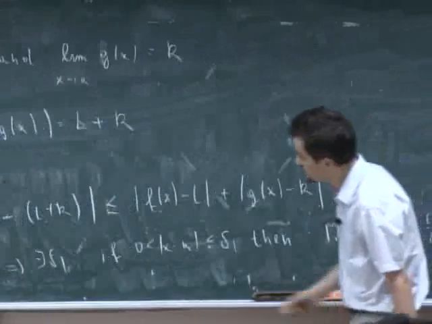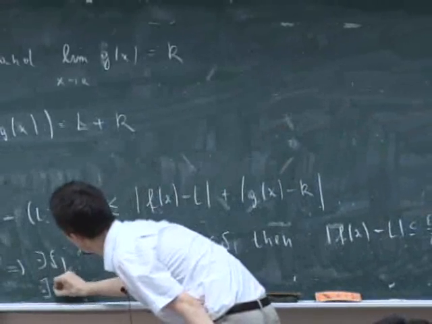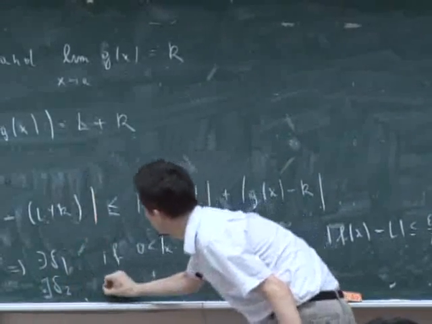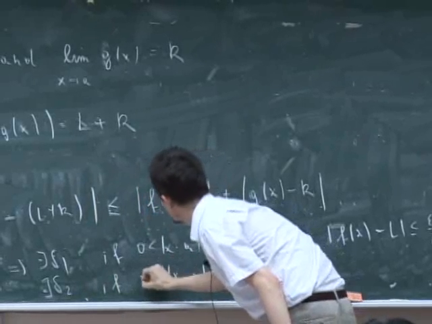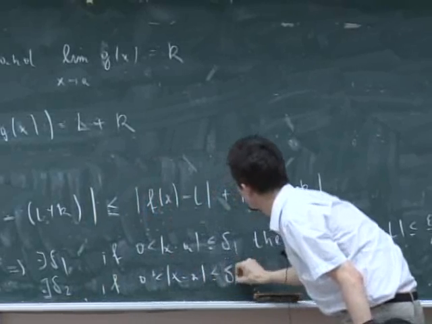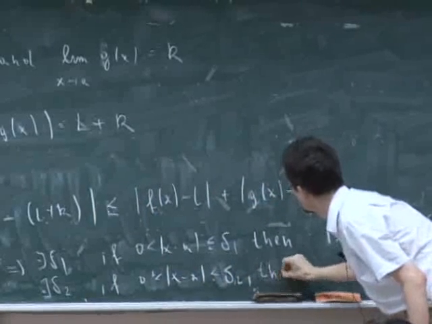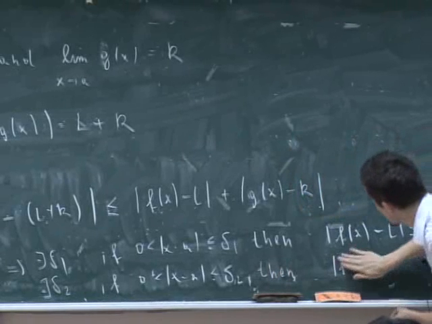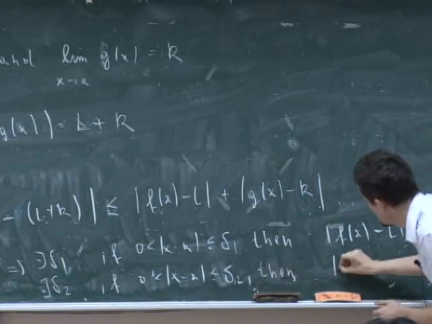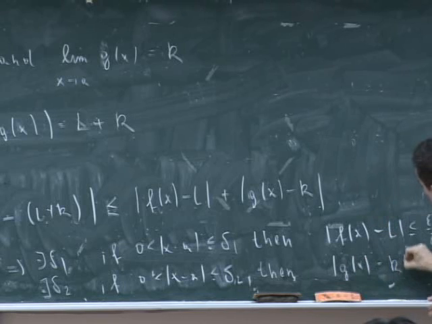And for the same reason, there will exist a delta 2 such that if the distance between x and a is larger than 0 and smaller or equal than delta 2, then the distance between g of x and r will be smaller or equal than epsilon half as well.